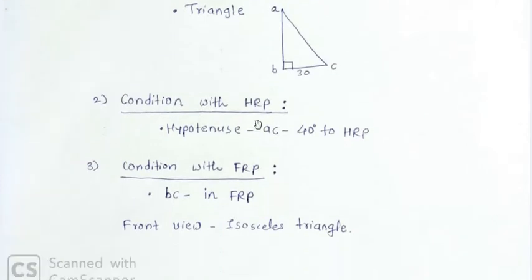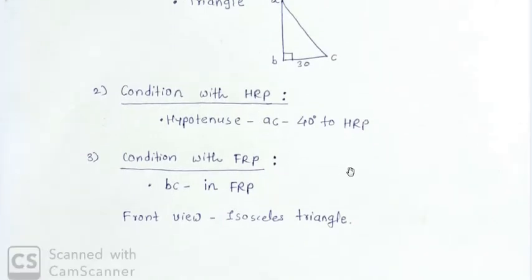As I mentioned at the start, this problem involves a complication where something of the plane would be in FRP, unlike all previous problems where something of the plane was in HRP. So in this problem, the shortest edge BC is in FRP, and we know that if something is lying in FRP at the initial stage, we have to keep everything in FRP.